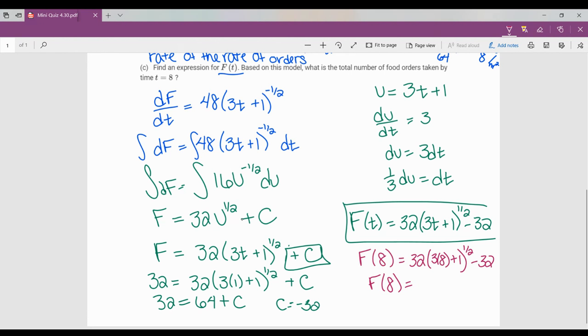Square root of 25 is 5. 5 times 32 is 160, minus 32. So we've got 128. f of 8 equals 128. And that is my final answer. Total number of food orders taken at time t equals 8.